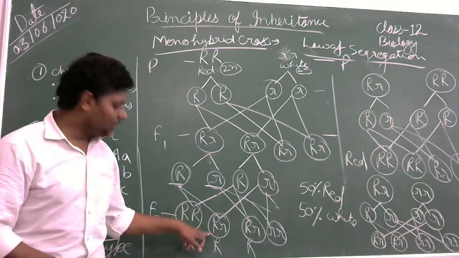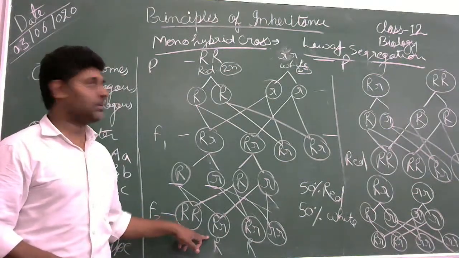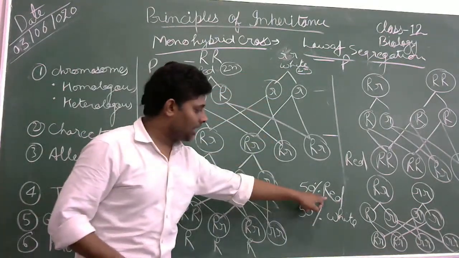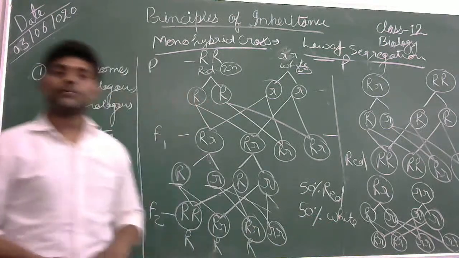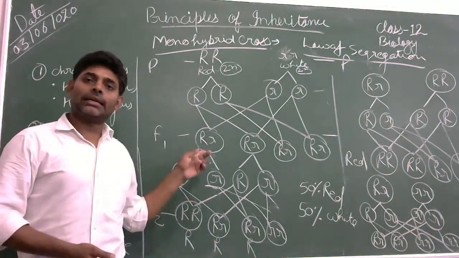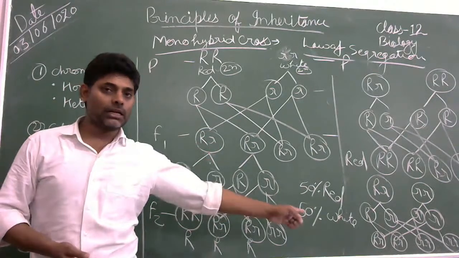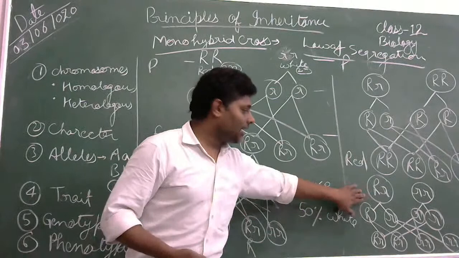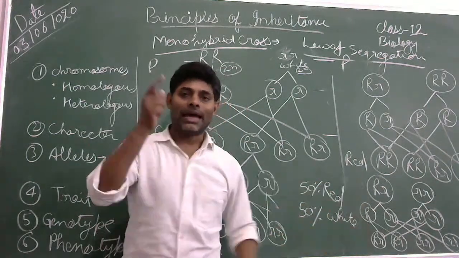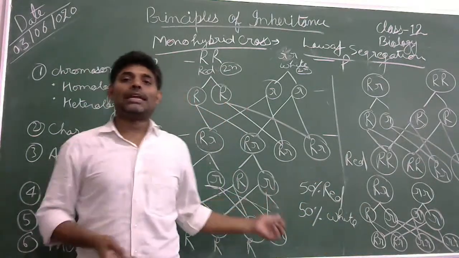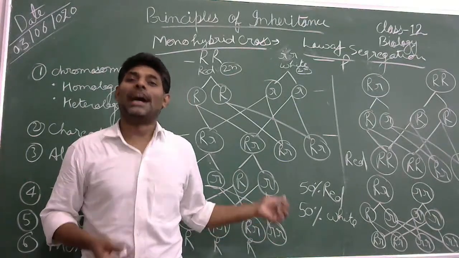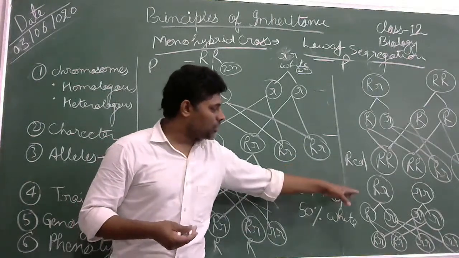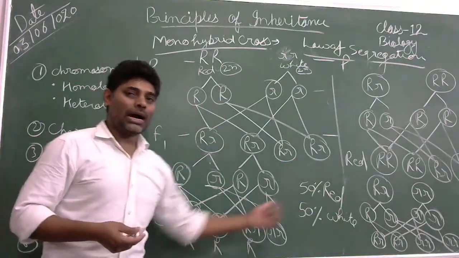And if this red flower plant is crossed with its recessive parent, then we are getting 50% red and 50% white. Here we are getting 100% red and here we are getting 50% red. Why is it? Because that red flower plant is heterozygous.